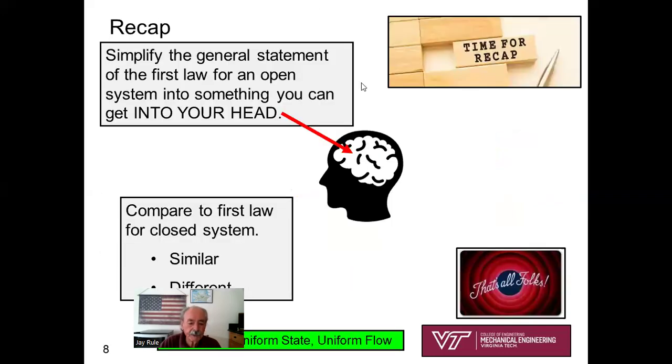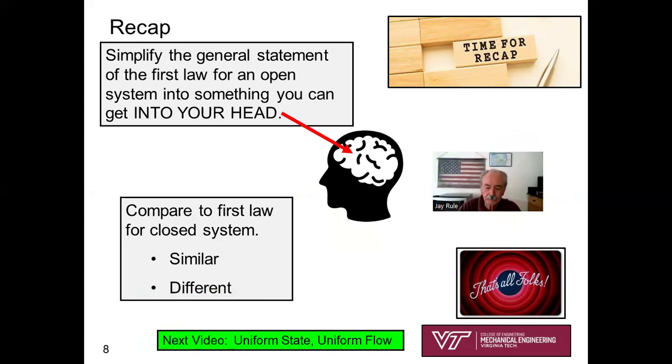So let's recap what we just covered. You have the ability now to simplify the general statement of the first law for any open system and hopefully get that into your head. So it's my hope that you spend a little time getting these fundamentals into your head. We just went through an example where you compared the first law statements of a steady state, steady flow, open system, one inlet, one outlet, and you compared that to a closed system.